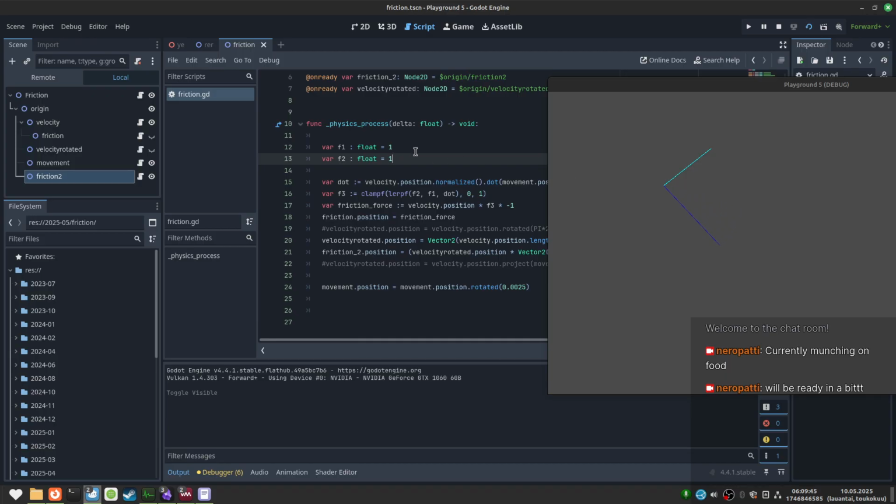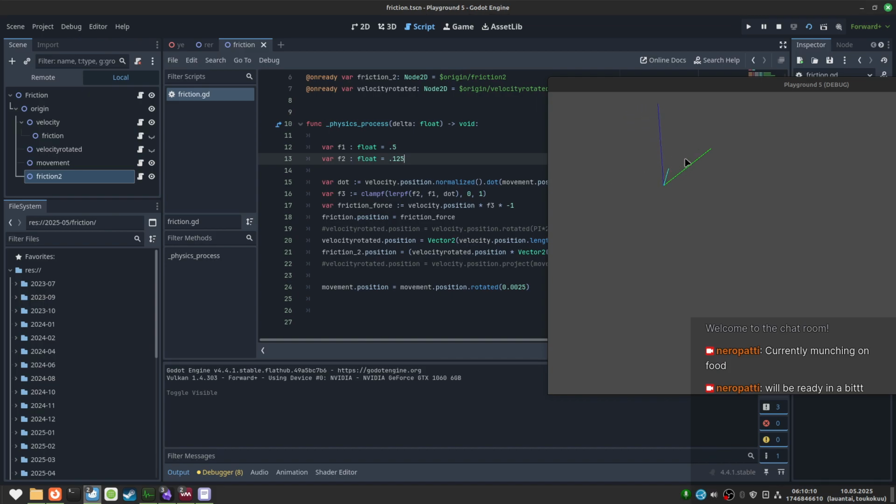The idea is that I might have something like, which one was which? So this is the one that's pointing away. So this is the one that we want to treat more harshly. So let's put like 0.5 here. And then here, let's put like 0.125. So the friction force would look something like this. These are bad example numbers, but whatever.